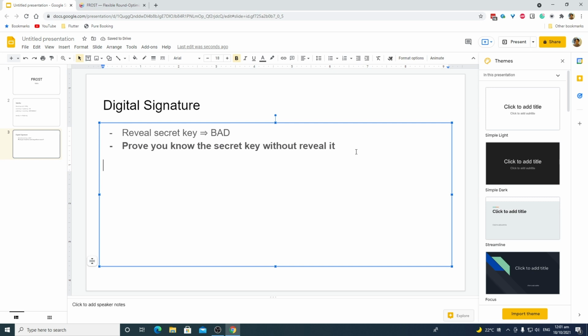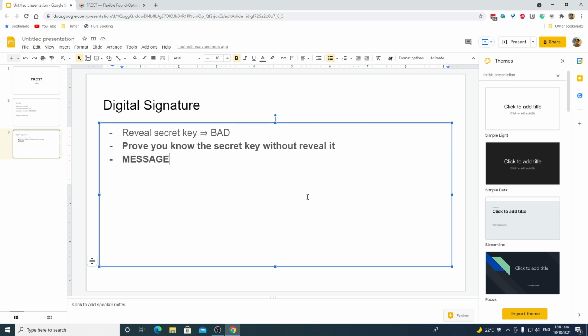That's the biggest magical part of it. And furthermore, it's even better than that, because you will be able to do that specifically for a certain message. So there's a third component involved here, which is the message.